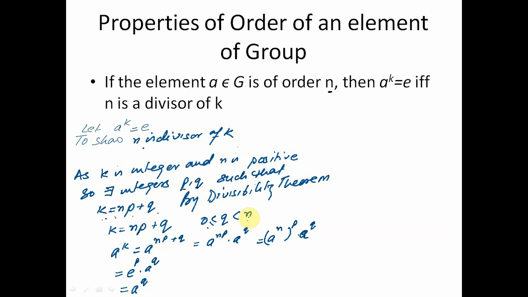So a to the power k is equal to a to the power np plus q, or a to the power np into a to the power q. Now what is a to the power np? I can write it as a to the power n, to the power p, into a to the power q.